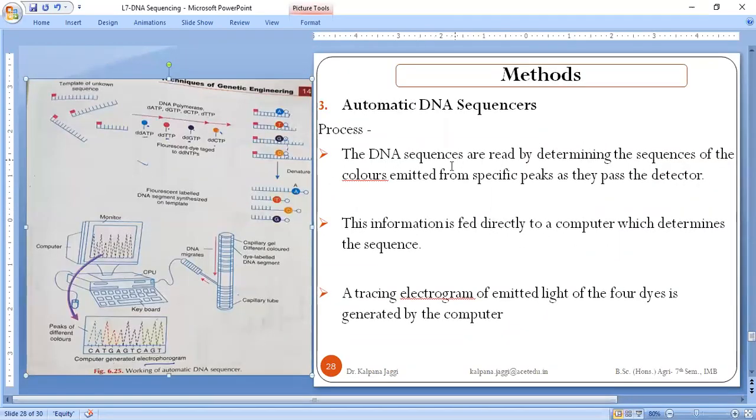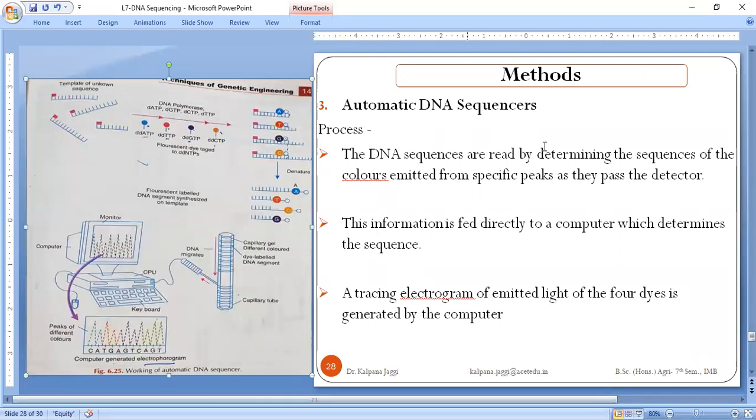The DNA sequences are read by determining the sequence of the colors from the specific peaks as they pass the detector. Whatever information is present is directly fed to the computer, and with the help of the electrogram, we will be capable of analyzing this sequence, right?